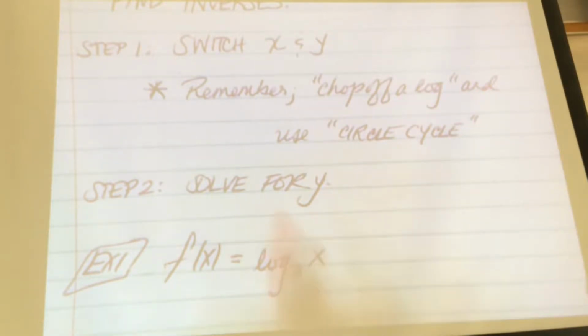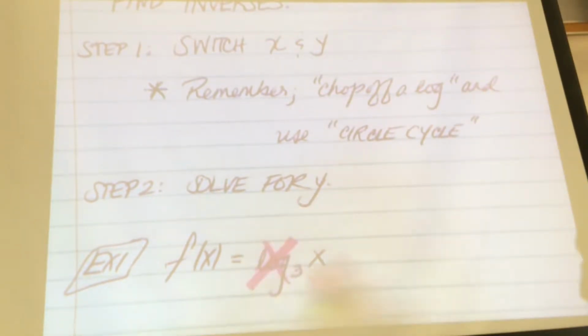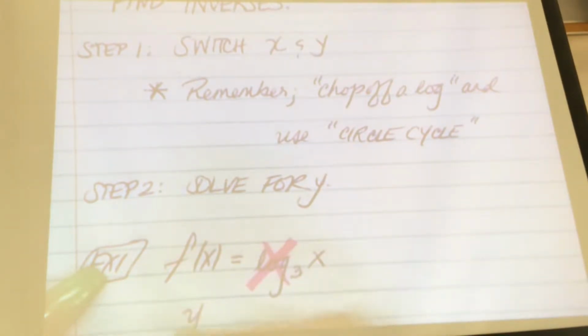I'm gonna chop off the log, take out your highlighter and make sure that you do that. So remember, you're going to put a y instead of f of x. That's what you're going to first do. Then you're going to switch your x and your y, so you have x equals log base 3 of y.